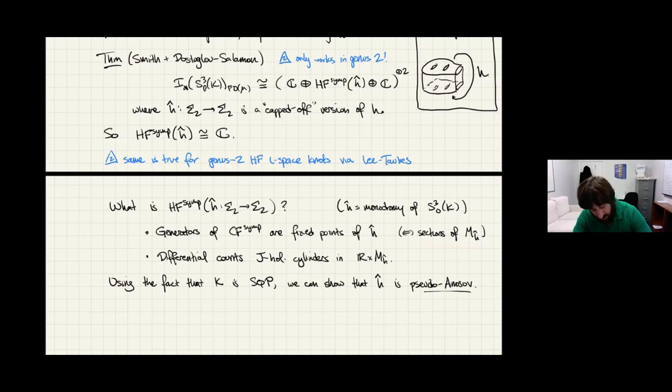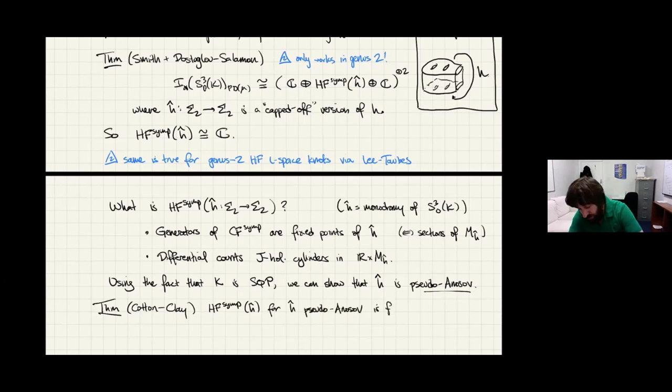So as part of his thesis, Andy Cotton-Clay worked out entirely combinatorially what the symplectic Floer homology of any given mapping class has to be, and it turns out that for pseudo-Anosov maps, well, the differential just vanishes, and so this is free of rank the number of fixed points of the map itself.